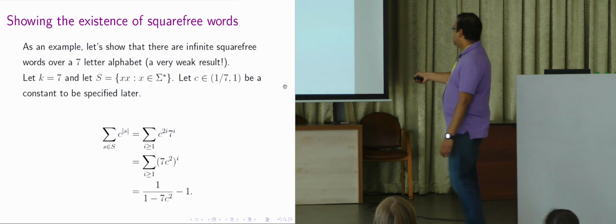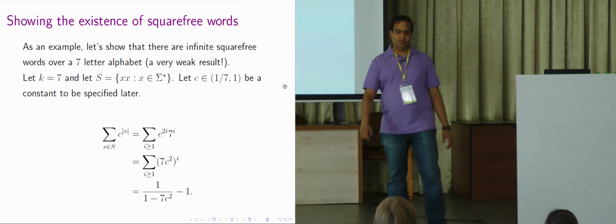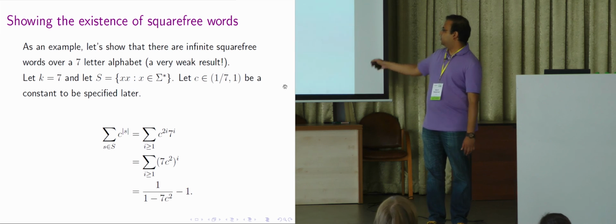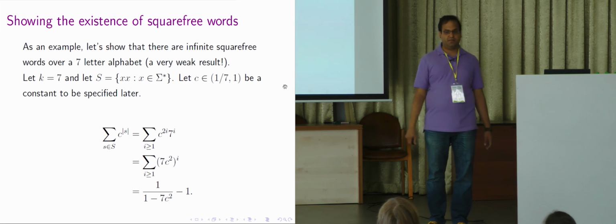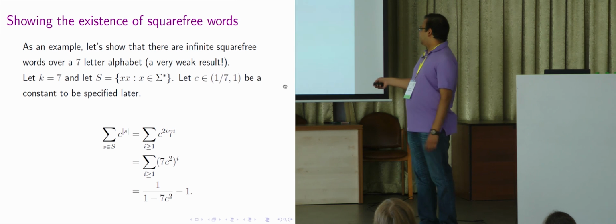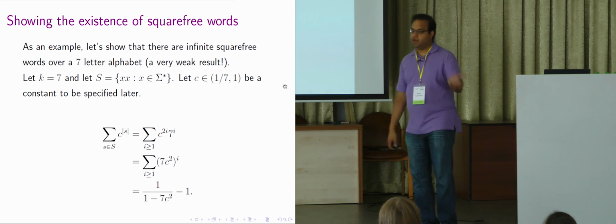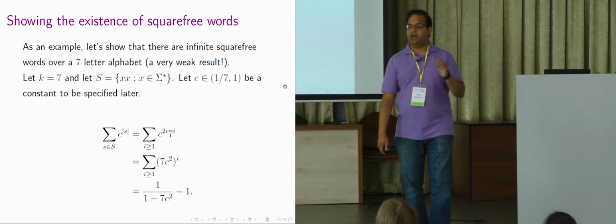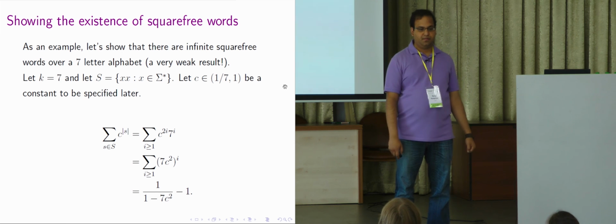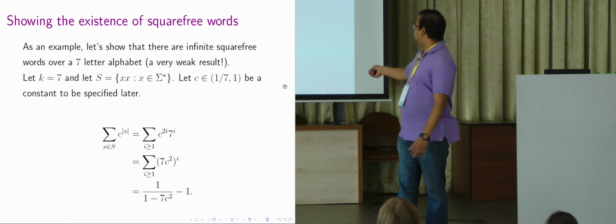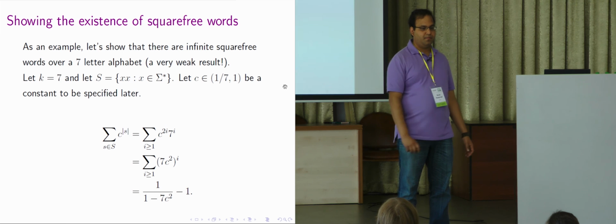Again, I need to evaluate this sum for an appropriately chosen value of C. So what does the sum look like? How many squares do I have? There are 7 to the i squares of length 2i over a 7-letter alphabet, and I sum that over all i.